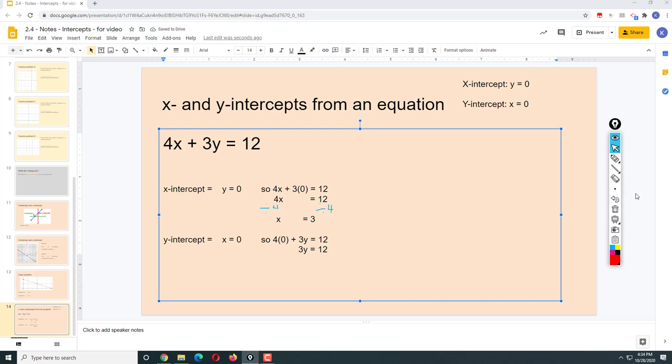Divide both sides by 3, and we get y equals 4. You should really think of it as 3 times what number is 12? Well, 3 times 4 is 12, so y has to be 4. So the x-intercept is 3 and the y-intercept is 4.